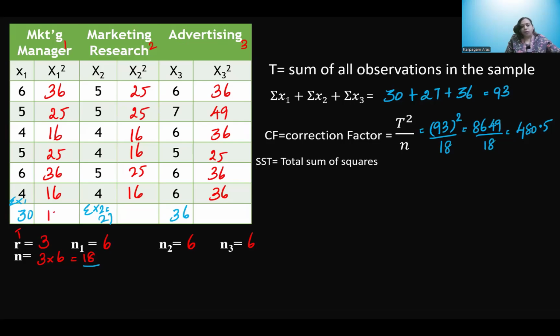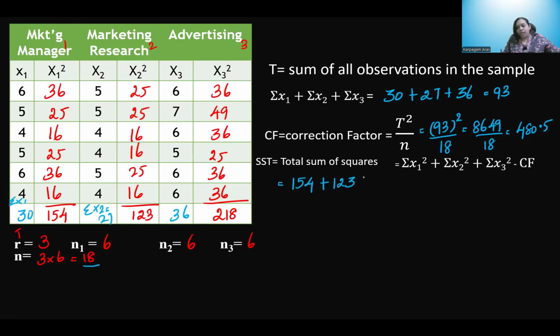Sum it up: 154, 123, 218. Summation of x1 square, 154, plus 123, plus 218, minus the correction factor, 480.5. The total sum of squares will be 14.5. Next, we need to know how much is the difference between the treatments.